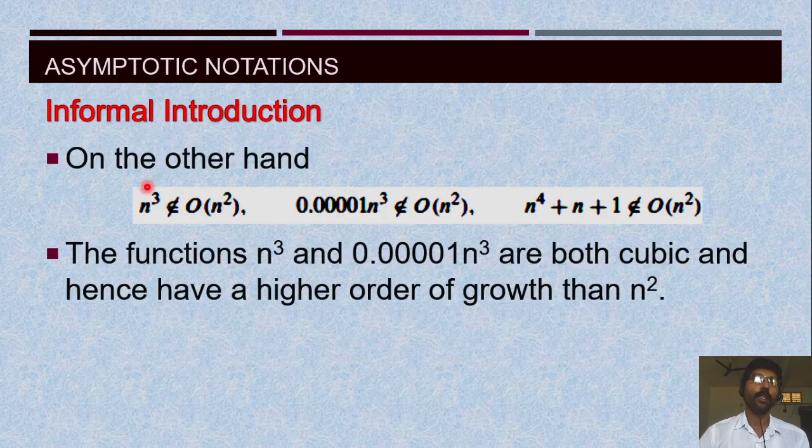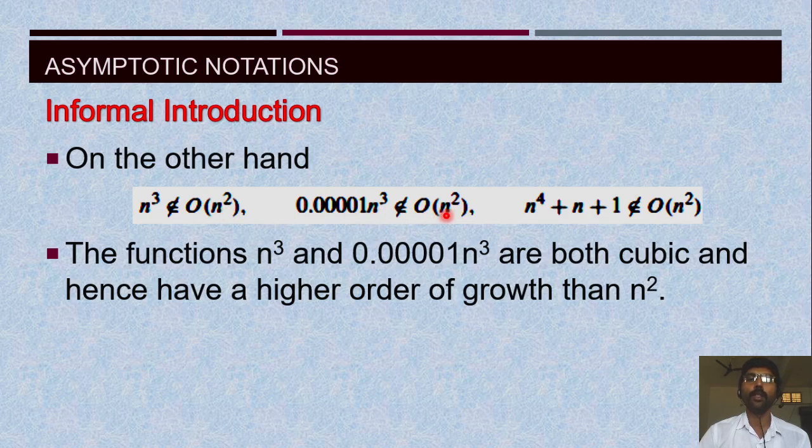Now consider this example. Our algorithm's running time is n cube, and g of n is n square. We cannot say n cube belongs to n square, because our algorithm's running time is more than the assumed running time.